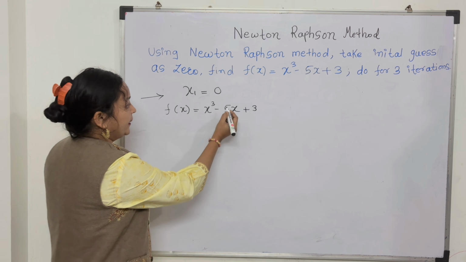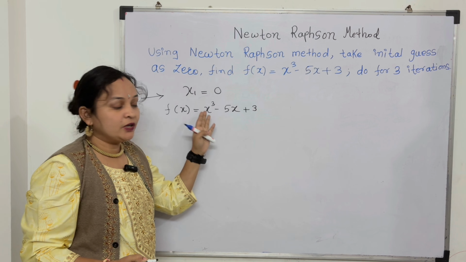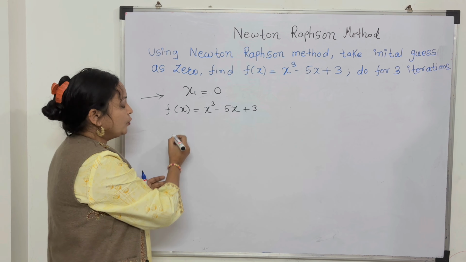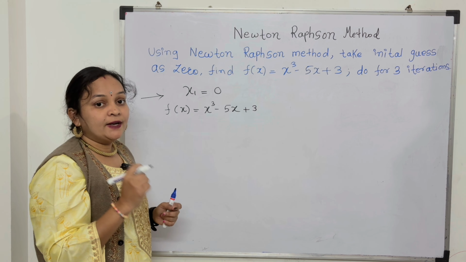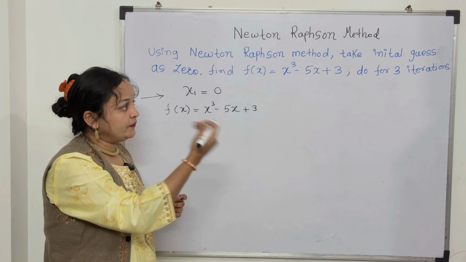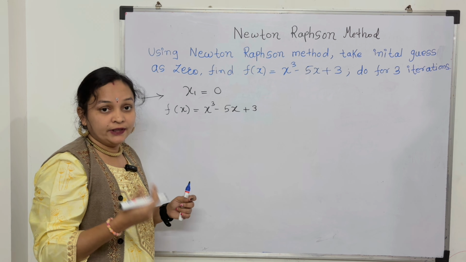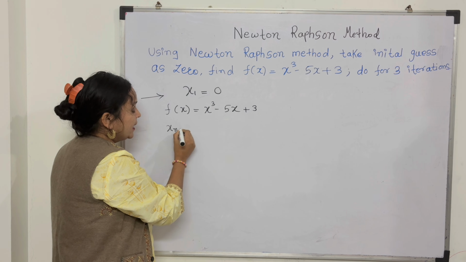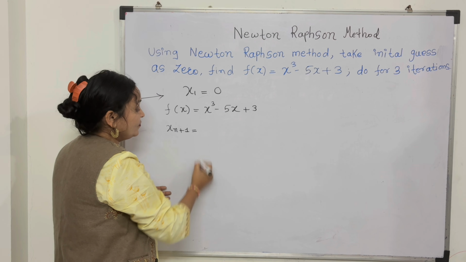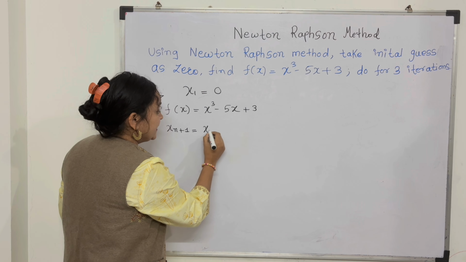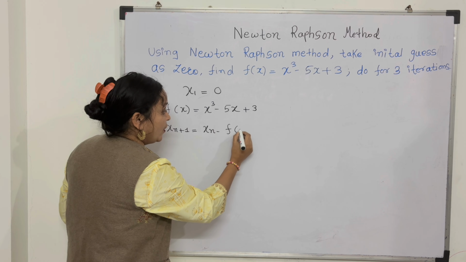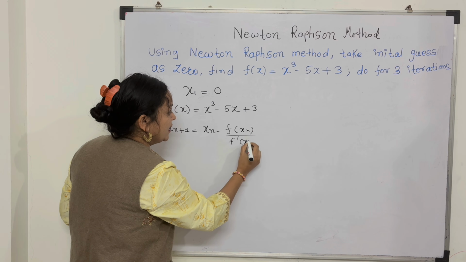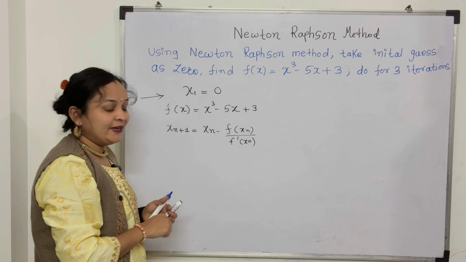So with respect to that, the function is given, and the initial condition is x1 equals 0. To find the iterations, according to the Newton-Raphson method, xn plus 1 equals xn minus f of xn divided by f dash of xn.